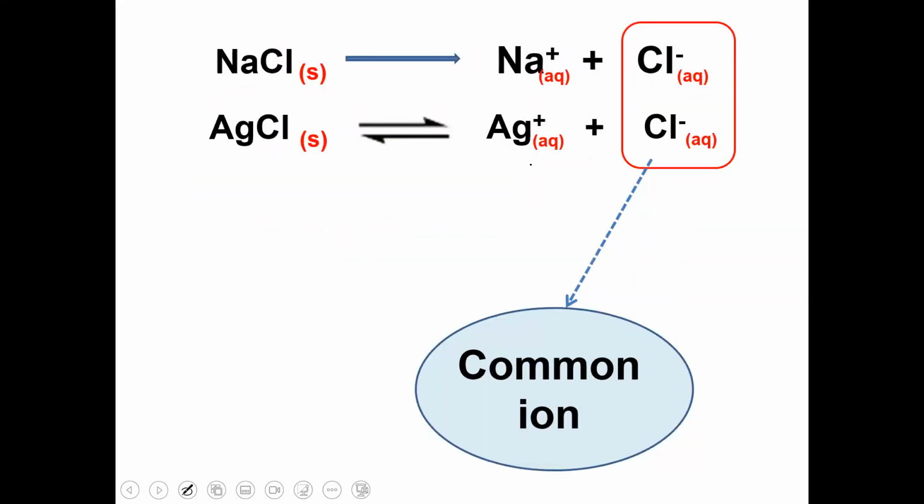So write under it that the equilibrium shifts to the left, and silver chloride can precipitate.